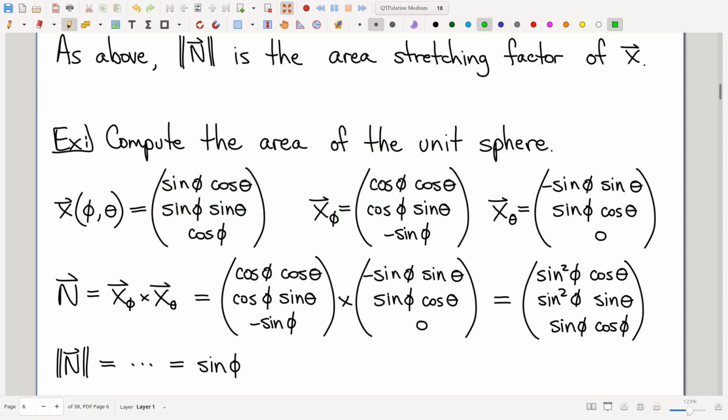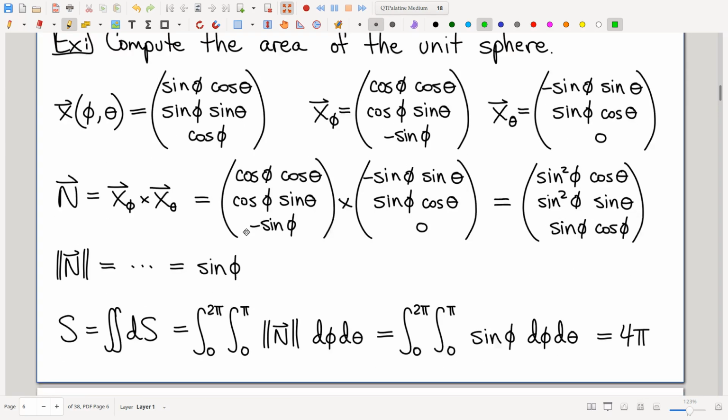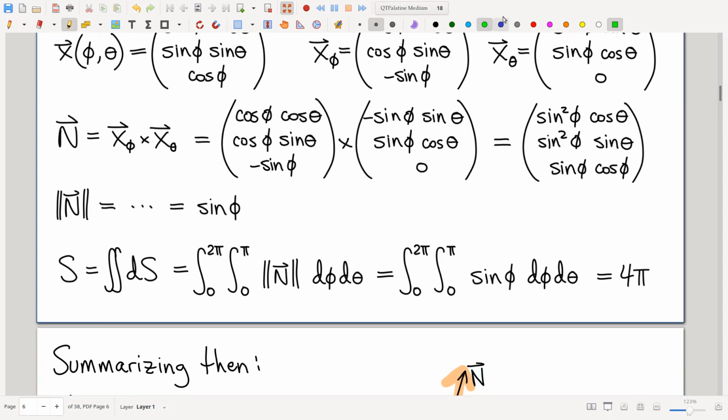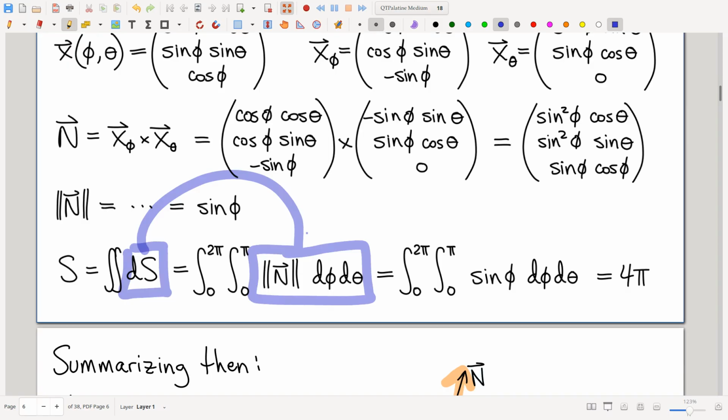Okay. Sine phi. So that's our stretching factor. And remember, that's all we really needed. We were going to add up a bunch of little pieces of area on the sphere. Area on the sphere is the stretching factor times area in the parameter space, and the stretching factor we just computed was sine phi.